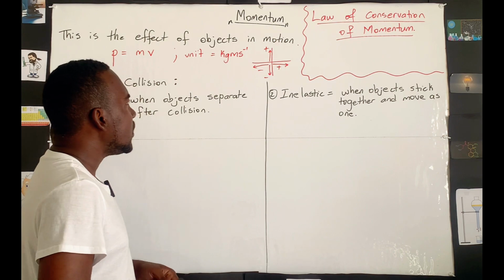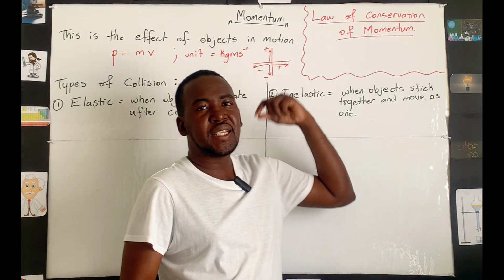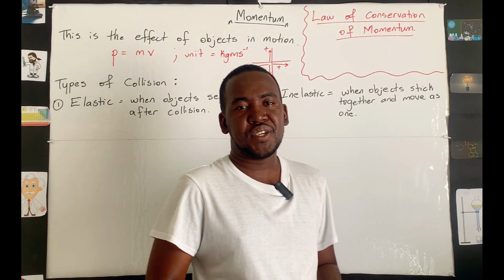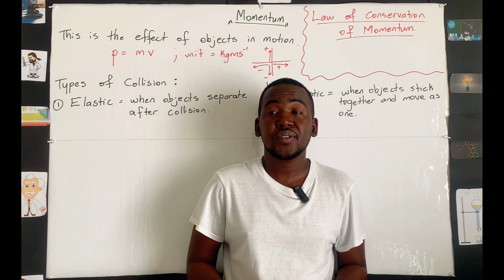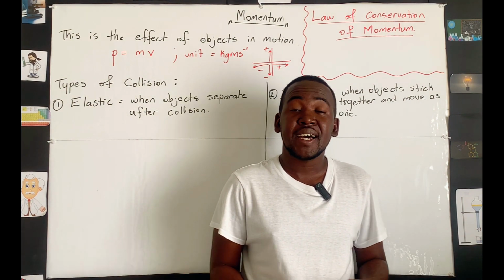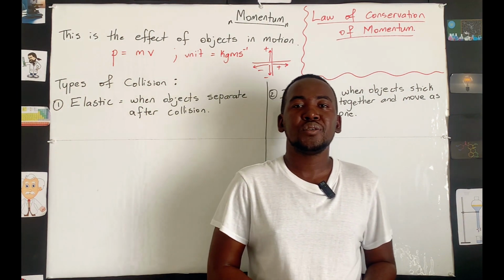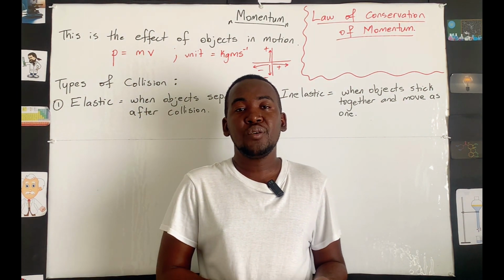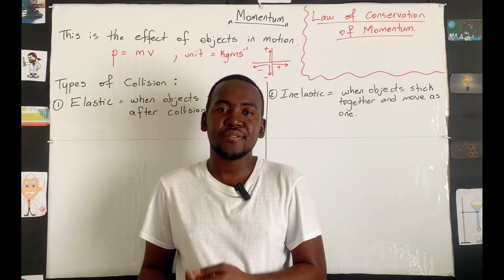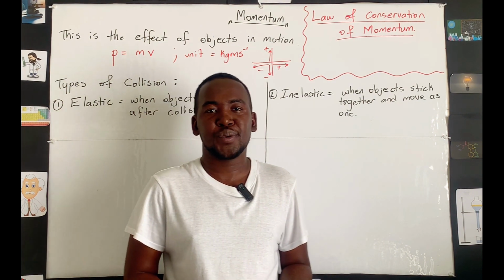And with this, in terms of mixing with momentum, we look at the law called the law of conservation of momentum. And what the law of conservation of momentum tells us, you will see here on your screen, is that during a collision, the total momentum before collision is equal to the total momentum after collision, provided no external force is present.